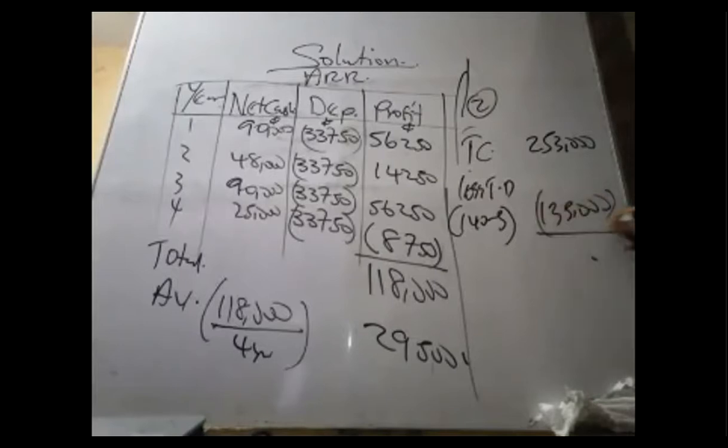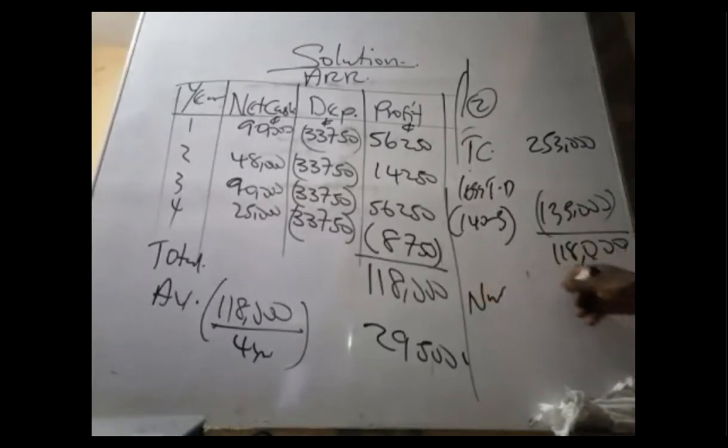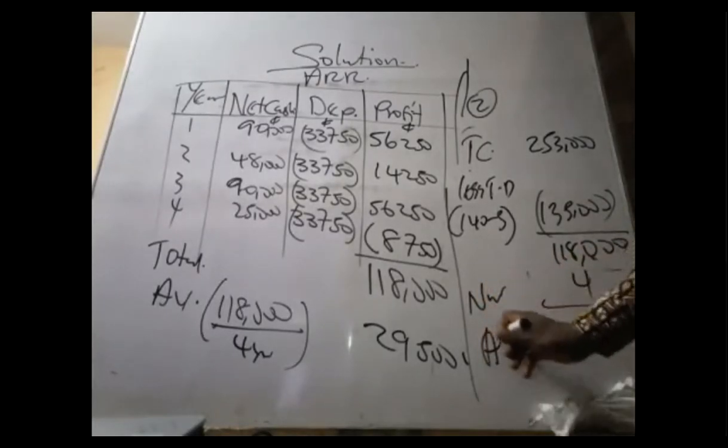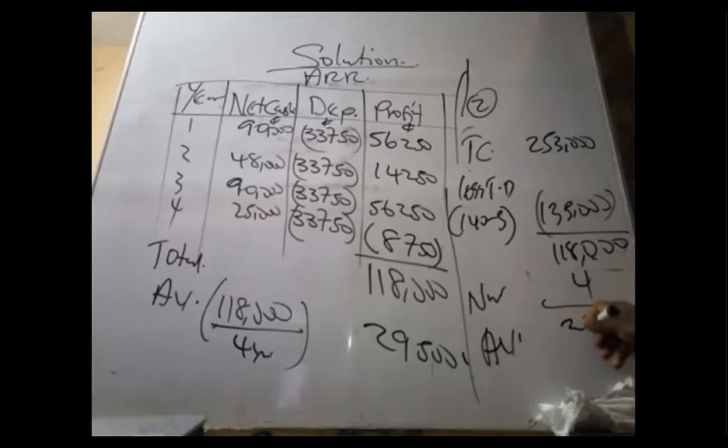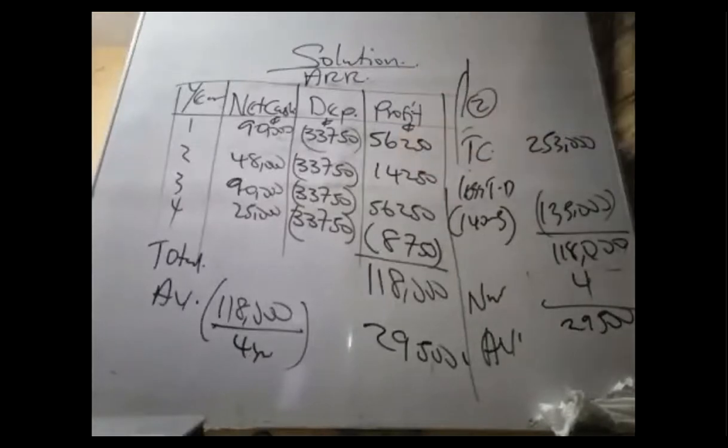Now let's subtract it: 253,000 less 135,000 gives us 118,000. Then we now tell the examiner the number of years, project life is 4 years. So therefore, the average will be 29,500. So this is a shortcut, this is a long approach. Kindly select one or have the two with you.